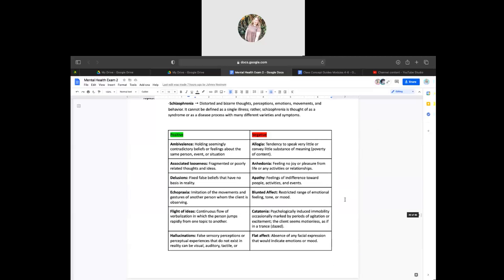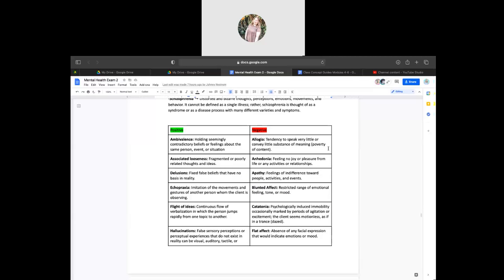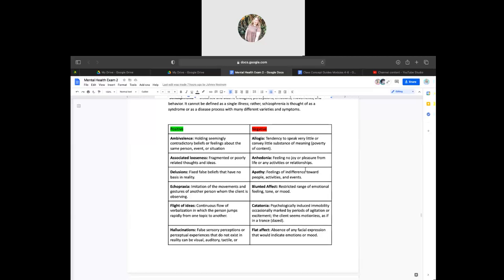Well, negative symptoms. Remember your A words: alogia, apraxia, anhedonia, apathy, asociality. There's more on there. But alogia is speaking very little, poverty of speech. Absence of logical speech, alogia.